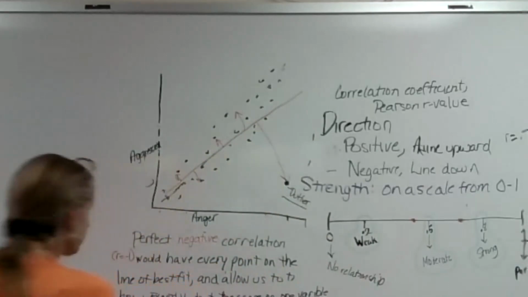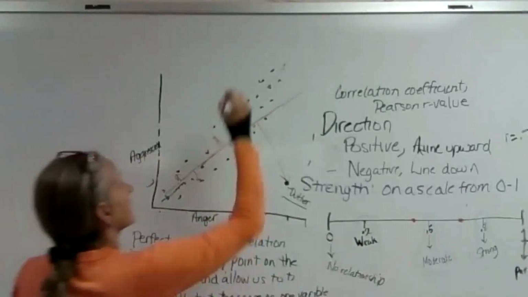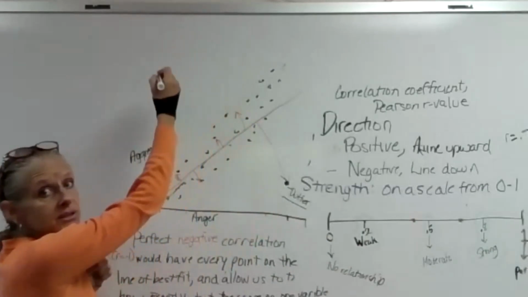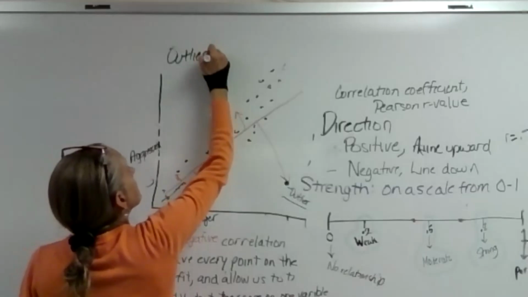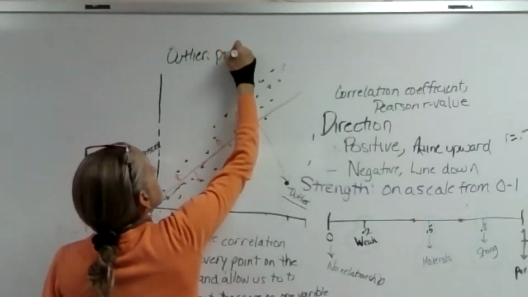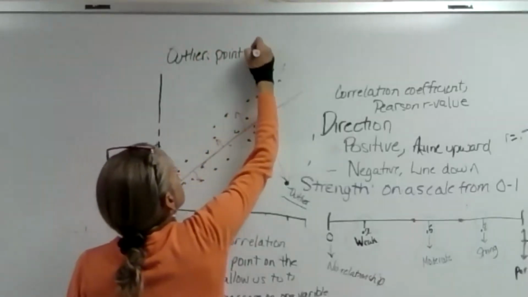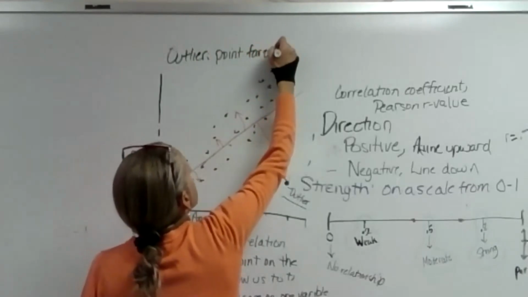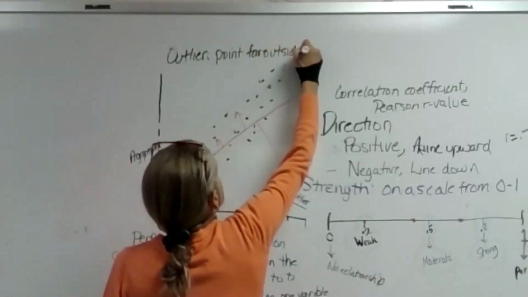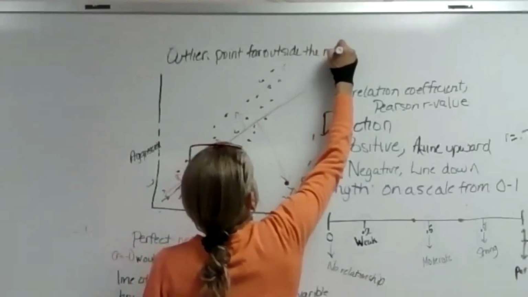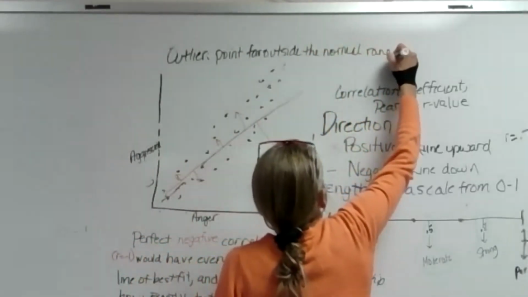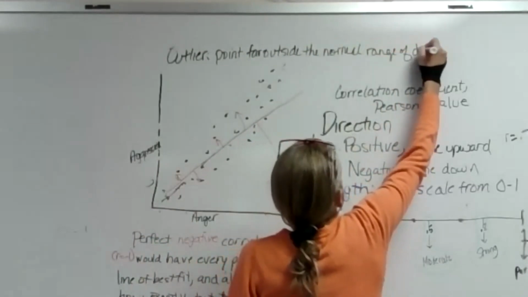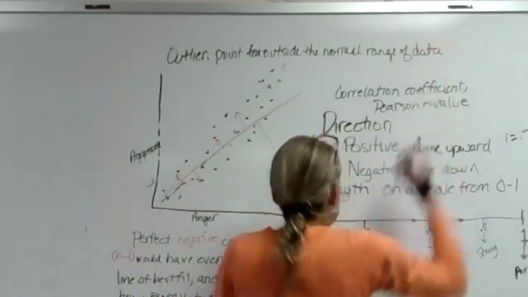And I'll write that a little bit bigger in case you can't see very well. An outlier, a point that lies outside the data.